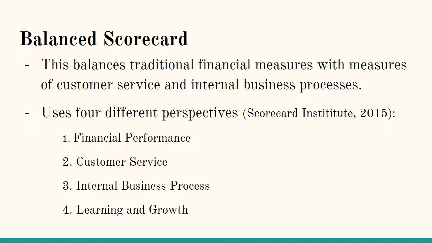So the balanced scorecard uses four different perspectives on making these decisions. The financial performance is exactly that, using the financial data from the business in order to make these decisions. So they can look at financial statements like the income statement and analyze that to see if any decisions need to be made based off of that financial data.